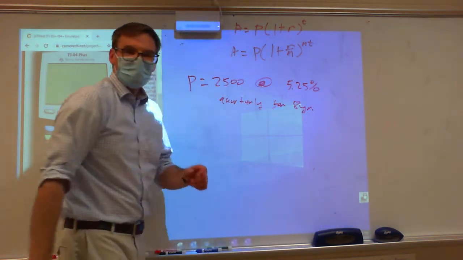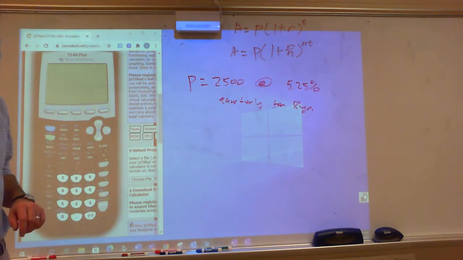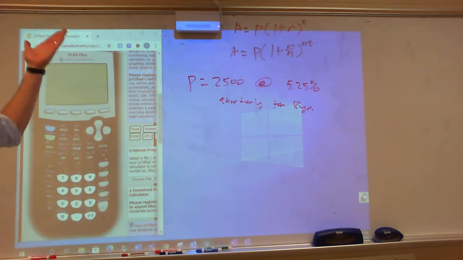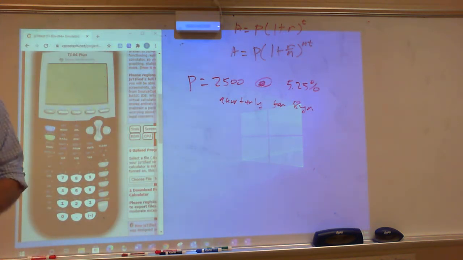Right? How much money do you have if you invest $2,500 at 5.25% compounded quarterly for 8 years?